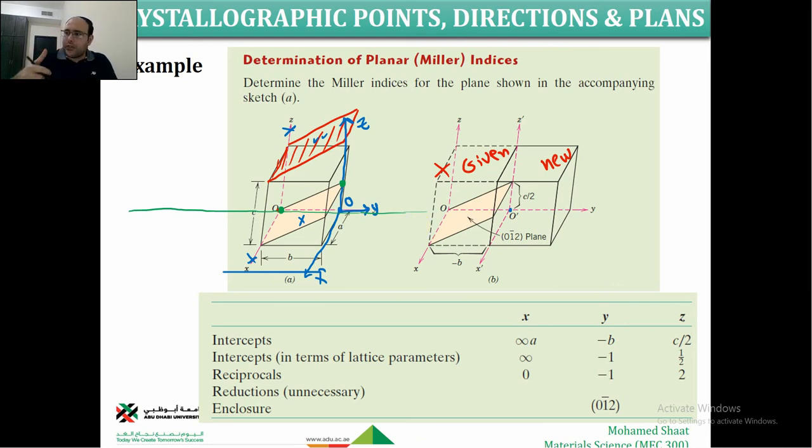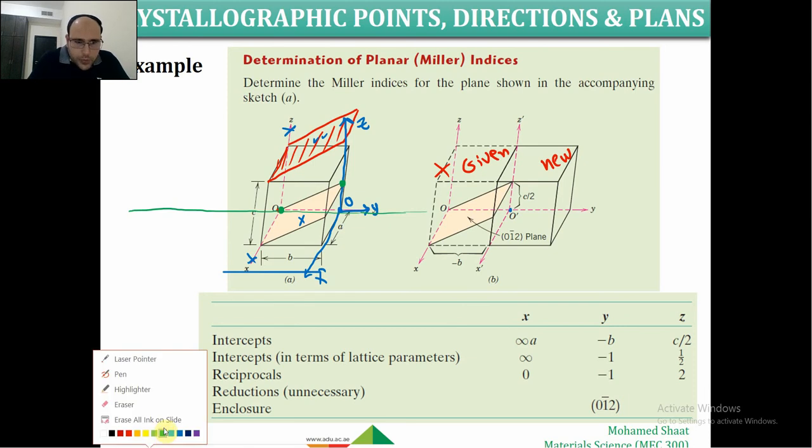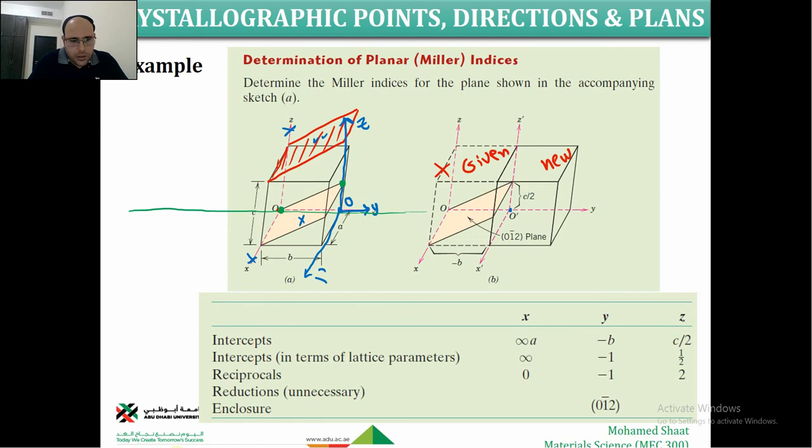So it means that this plane does intersect with the z-axis and y-axis so far. How about the x-axis? Do you think that this plane intersects with the x-axis, the new x-axis? Forget about the previous one. The new x-axis, this new one, does the plane intersect with the new x-axis? No.